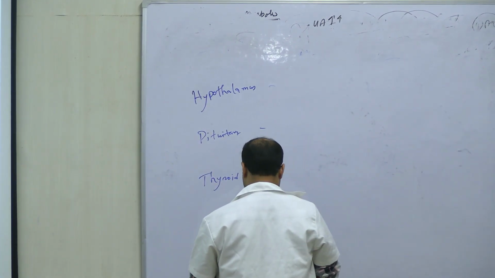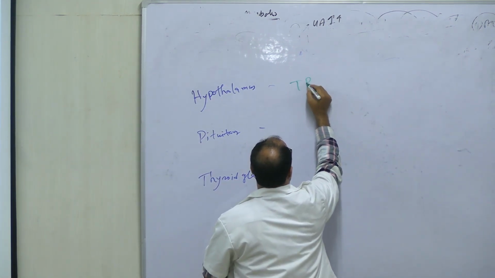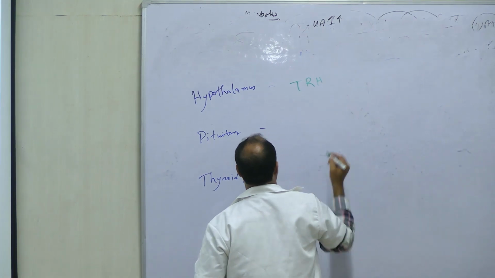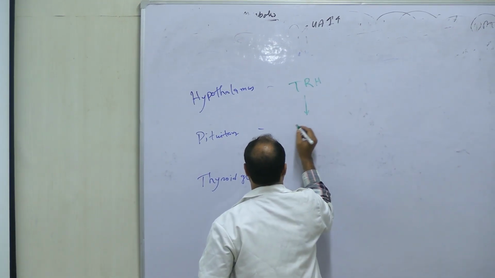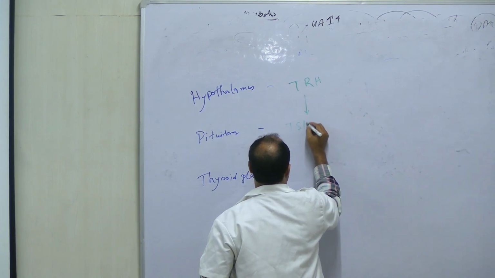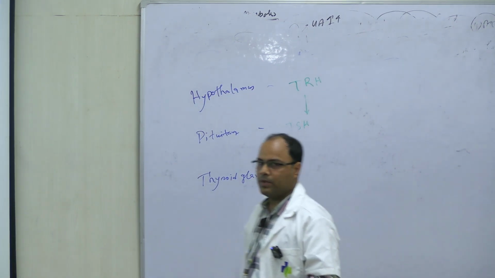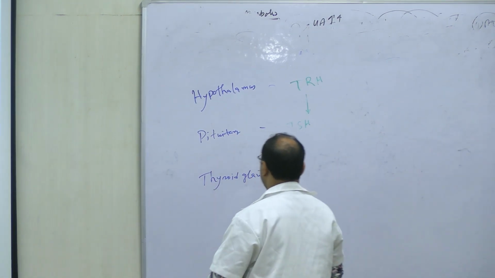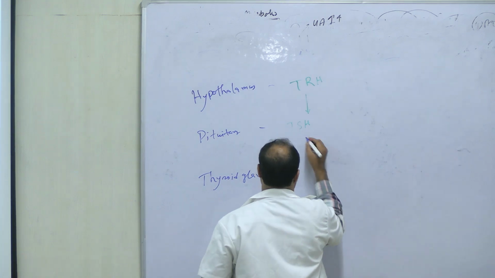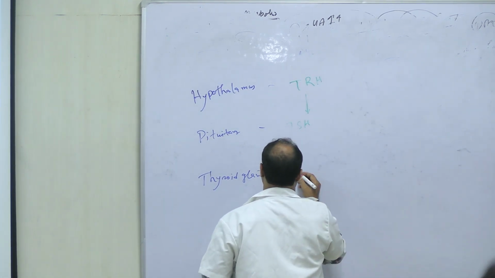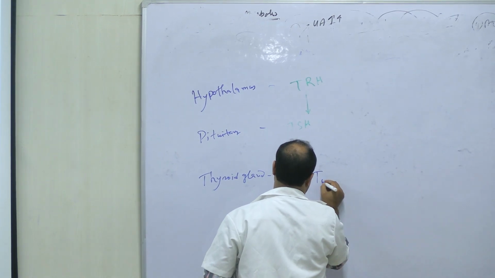These hormones stimulate the pituitary gland. TSH is released into the circulation, and via circulation it reaches the thyroid gland. Then it stimulates the secretion of T3 and T4.